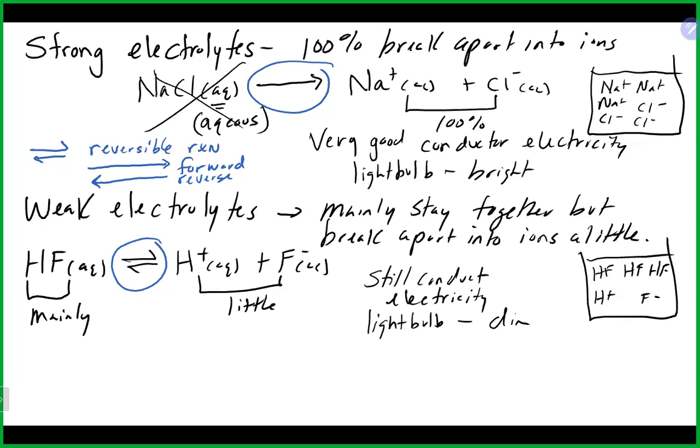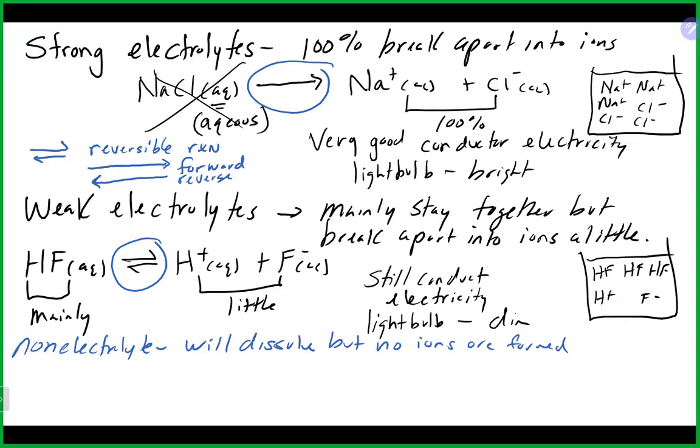The last type of electrolyte is a non-electrolyte. A non-electrolyte will dissolve, but no ions are formed. For example, if you take sugar, you could dissolve that in some water and get the sugar to dissolve into solution.